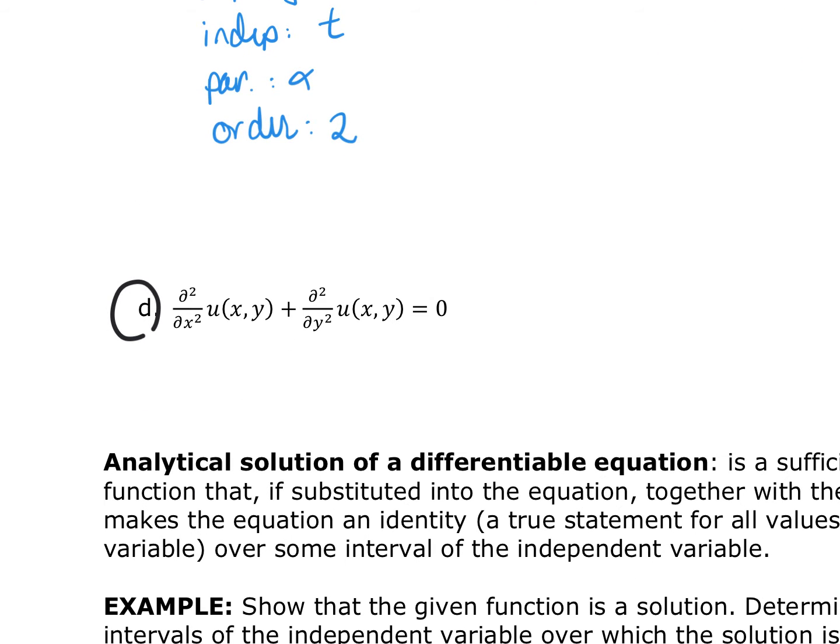Take a look at this one. Now this is a partial. How do I know this is a partial differential equation and not an ordinary differential equation? There's more than one variable.